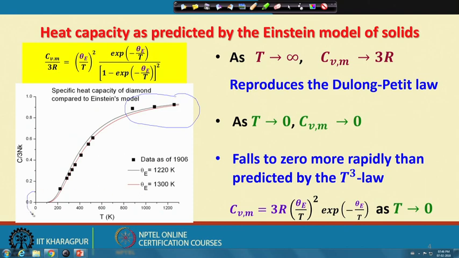It also correctly predicts that Cv should go to 0 as temperature goes to 0, but there was one shortcoming: the fall of Cv to 0 at low temperatures was much faster than that would have been predicted by the T cubed law.